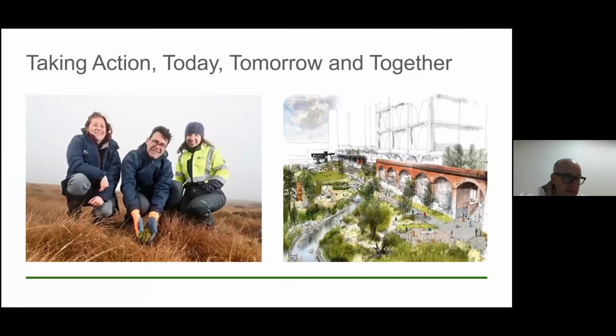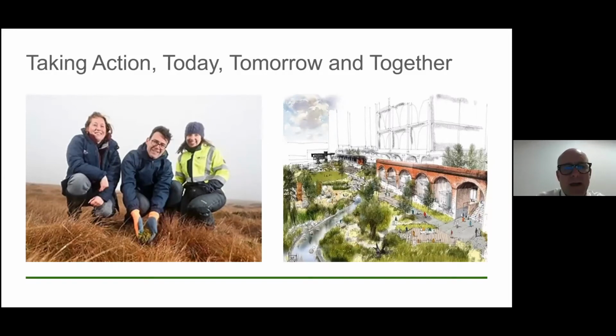And finally, my final point here is that we've achieved a lot, particularly during COVID, in terms of this agenda, and it's a really exciting time to be working on this, and we'll continue to drive forward this agenda. To do that, there are a number of key commitments.